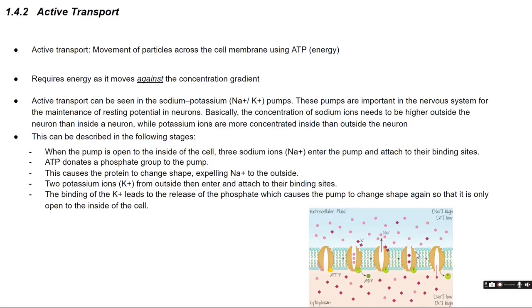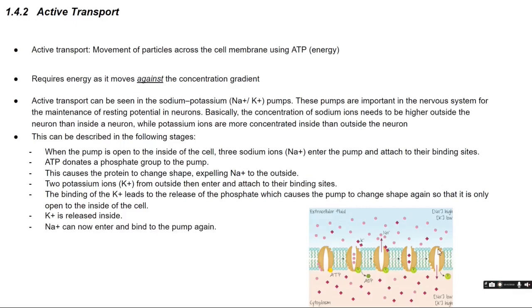The binding of the potassium ions leads to the release of the phosphate right here. The phosphate leaves, which causes the pump to change shape again so that it's only open to the inside of the cell. Then the potassium is, of course, released inside, and the process can be repeated. We see here that the end point and the starting point are the same.